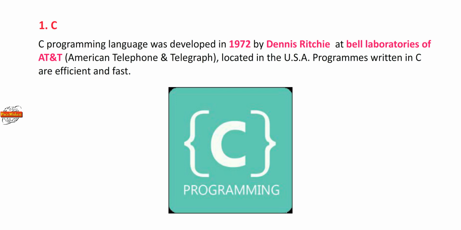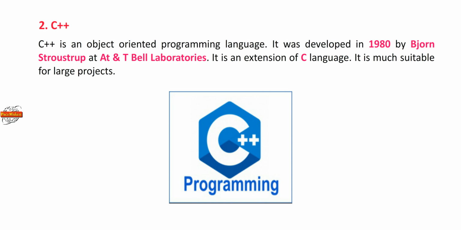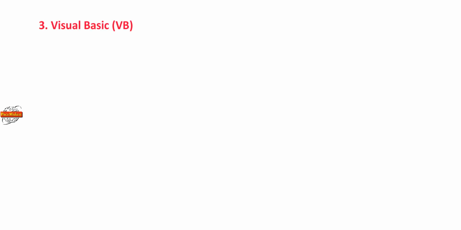Programs written in C are efficient and fast. C++. C++ is an object-oriented programming language which was developed in 1980 by Bjarne Stroustrup at AT&T Bell Laboratories. It is an extension of the C language which is much suited for large projects.